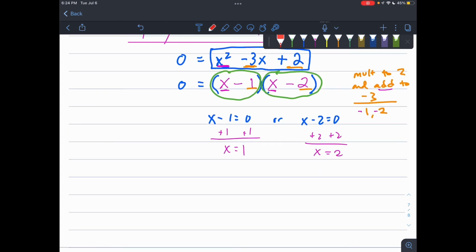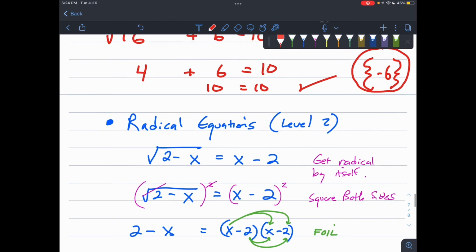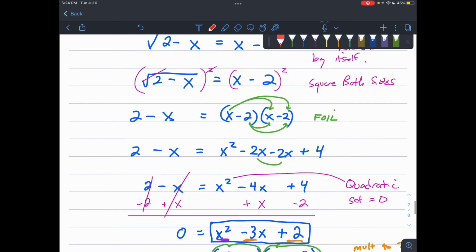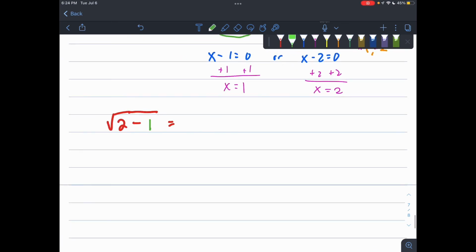I'll do this in red. Square root of 2 minus x, and I'll go ahead and use 1, equals x minus 2.